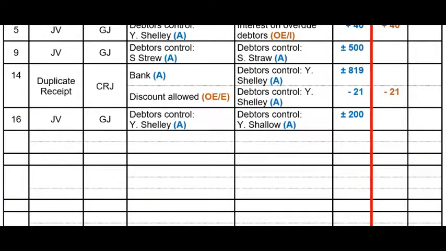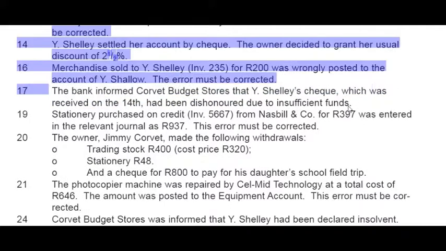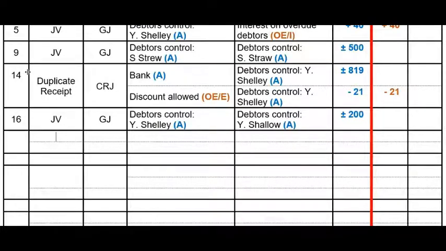Then if you look at the next transaction, on the 17th, the bank informed us that Y Shelley's check, which was received on the 14th, had been dishonored due to insufficient funds. In other words, this entire transaction must be cancelled. I'm going to take you back to the accounting equation because it's easier to see here.